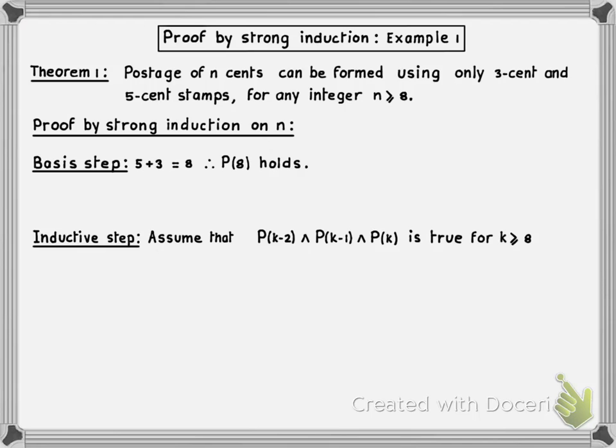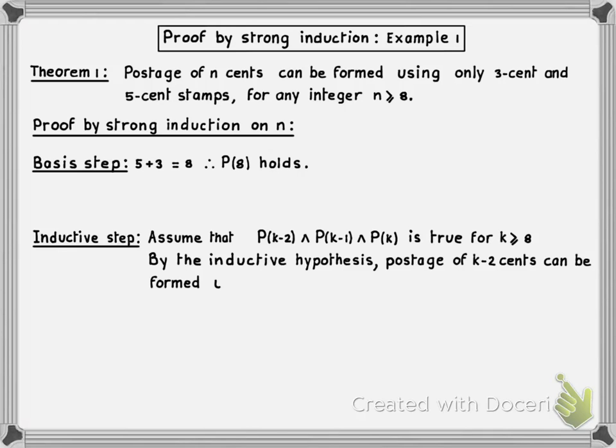Now remember that by the inductive hypothesis, this proposition is true, so is this one, and so is that one. So now we're going to use this proposition, which is part of the inductive hypothesis, to infer directly that postage amount of k minus 2 cents can be formed using only 3-cent and 5-cent stamps.